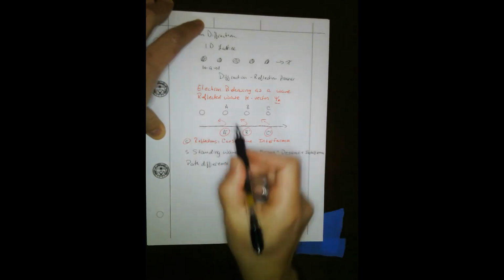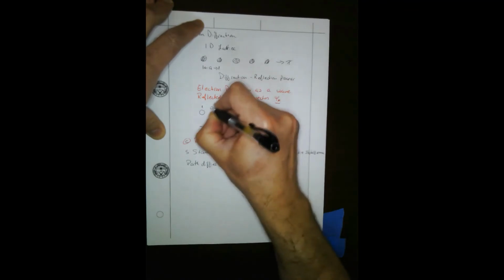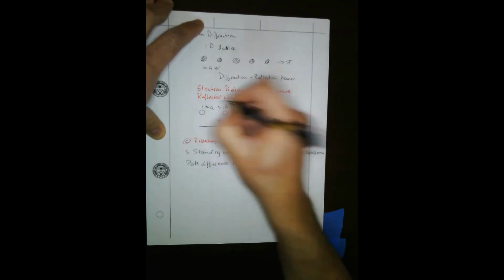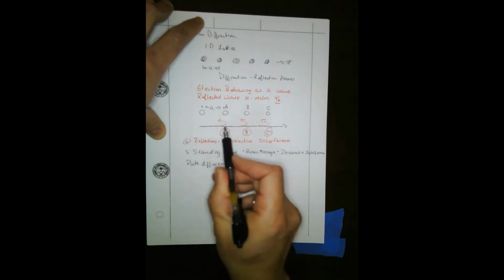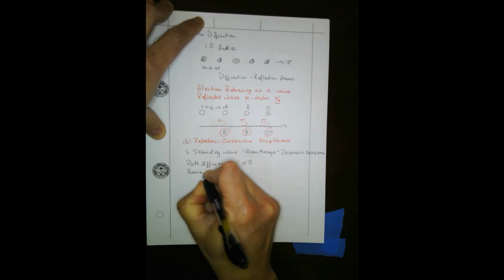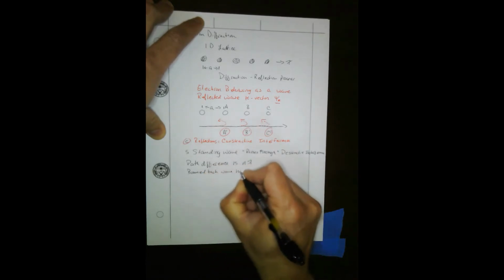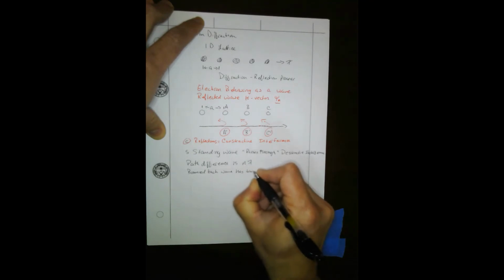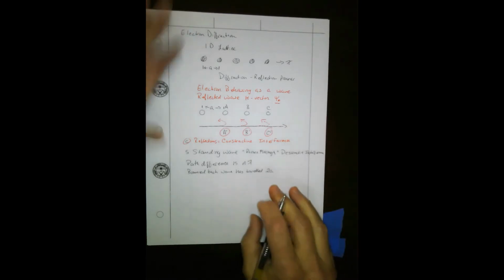The actual distance it's traveled, if you remember, the distance between one atom and the other atom is the atomic spacing, or lattice parameter a. So this bounce back wave has gone from here to here and bounced back, so it has traveled 2a.